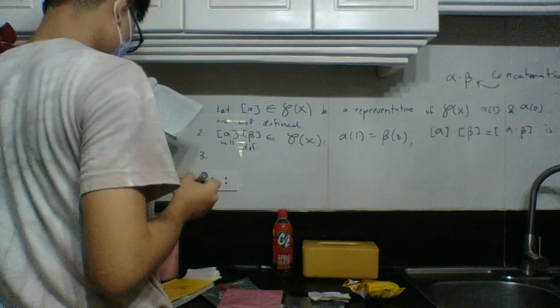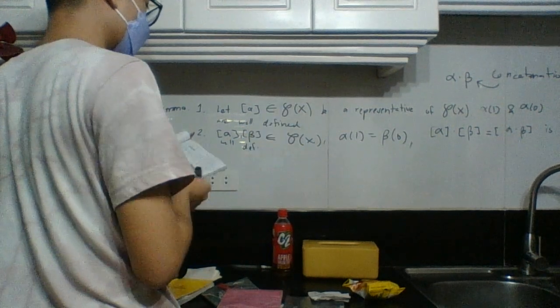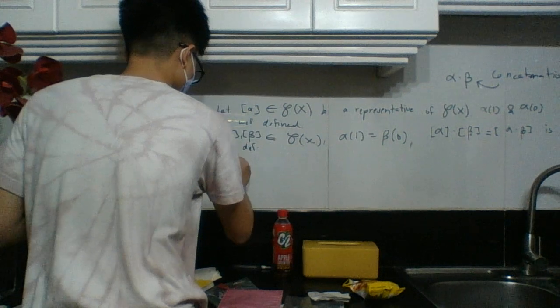The third sublemma is that I have a third curve that we can possibly represent. It's an associativity that we're proving here.